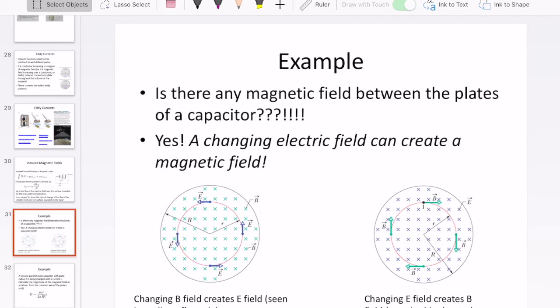Is there a magnetic field between the plates of a capacitor? Now, at first, this might seem like a really silly question. Like a capacitor, what does that have to do with magnetism? Where would a magnetic field come from?